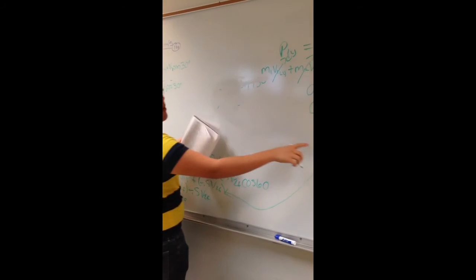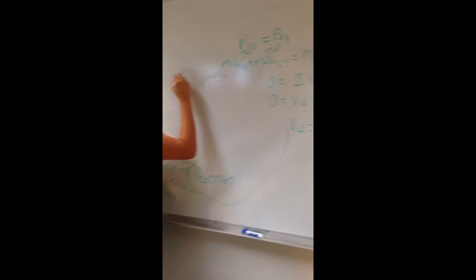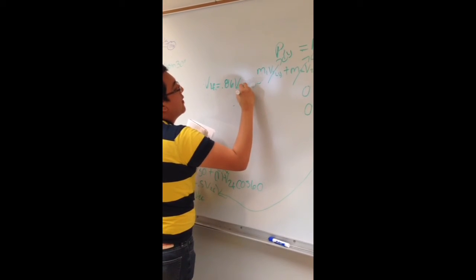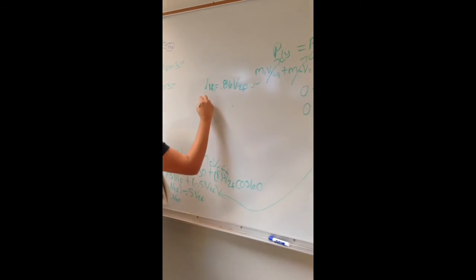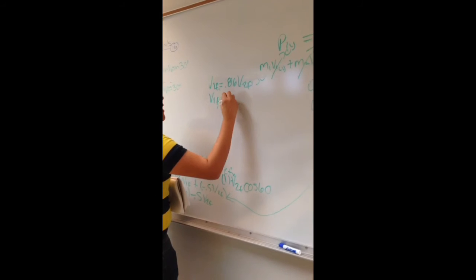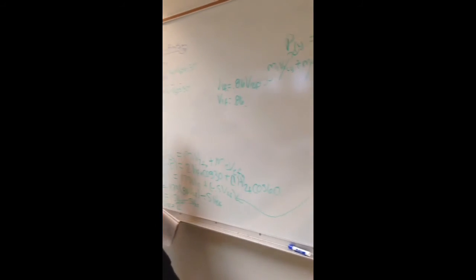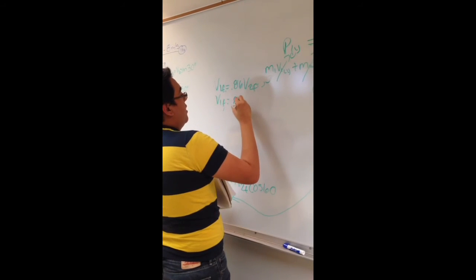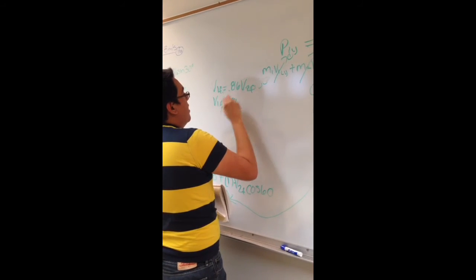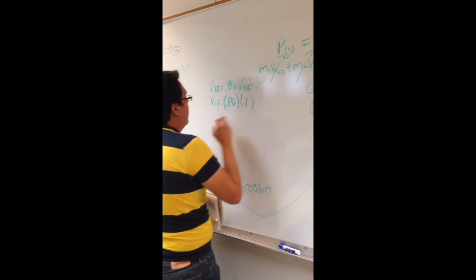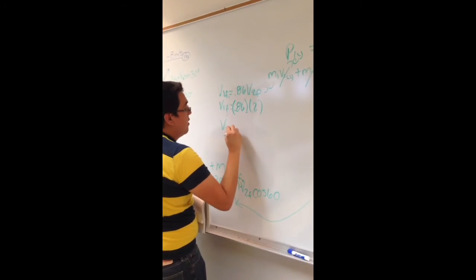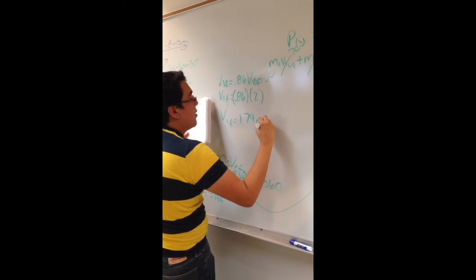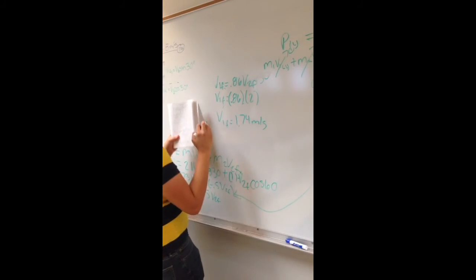We're looking for V1F, so V1F equals 0.86 V2F. So V1F equals 0.86 times V2F, which is 2. 0.86 times 2, and we have V1F equals 1.74 meters per second.